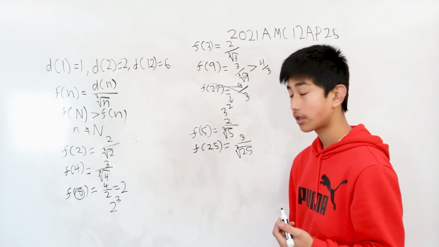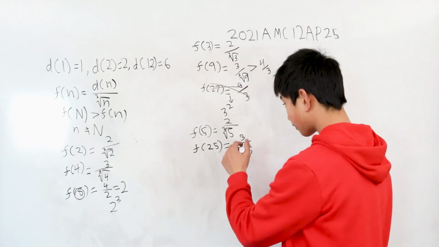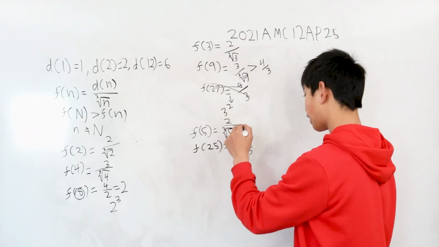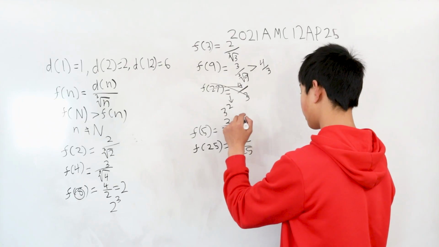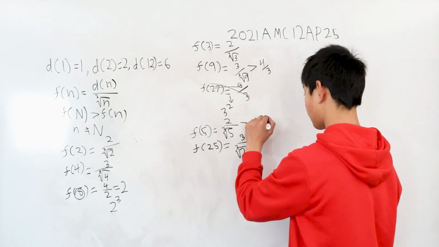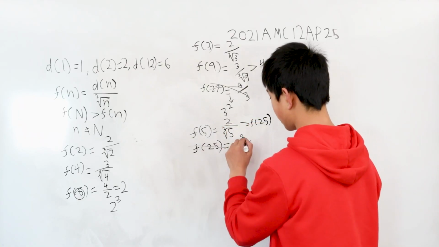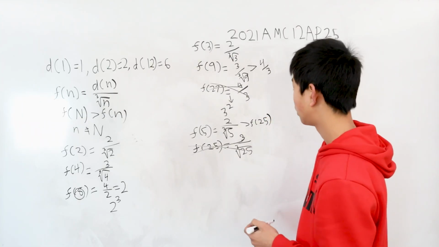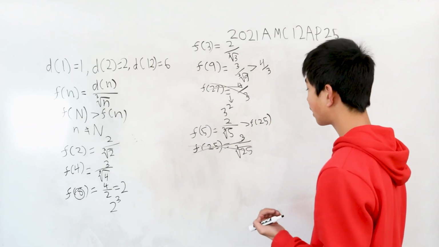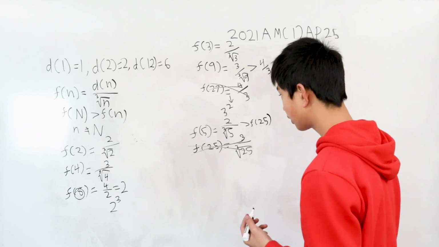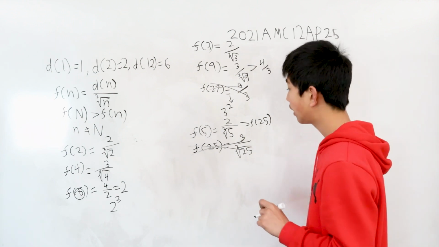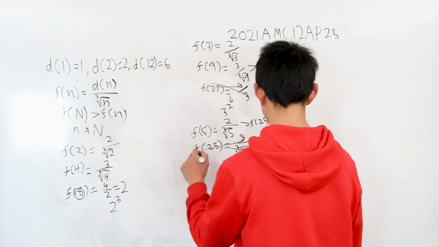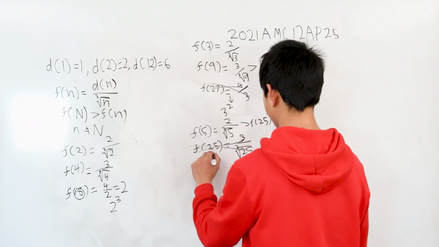We see that f(5) is greater than f(25). So this value and any powers of 5 after it will not work, because that's going to decrease the value. So our power of 5 is just 5.